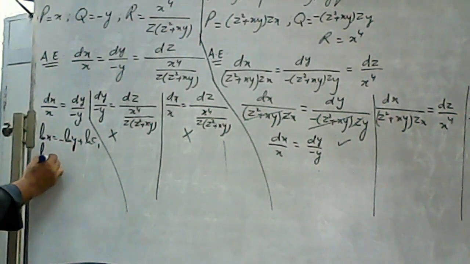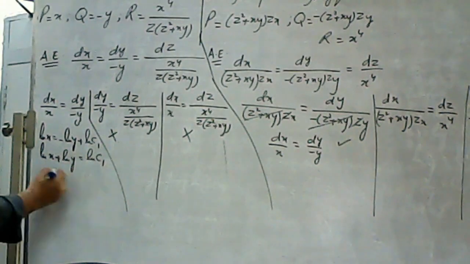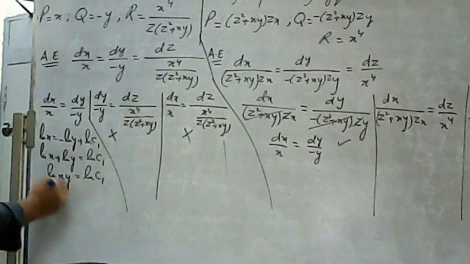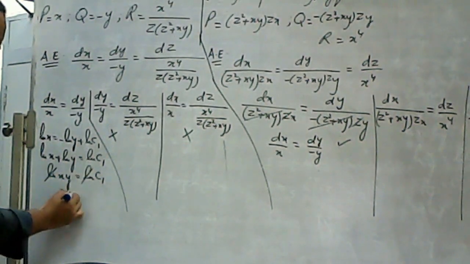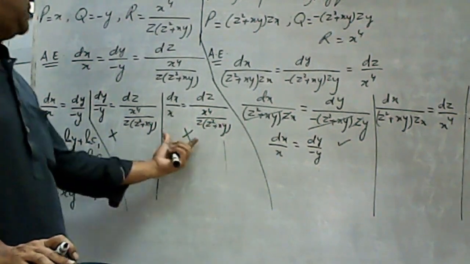So it means log of x plus log of y is equal to log of c1. Log of xy is equal to log of c1. Log cancels with log. So xy is equal to c.